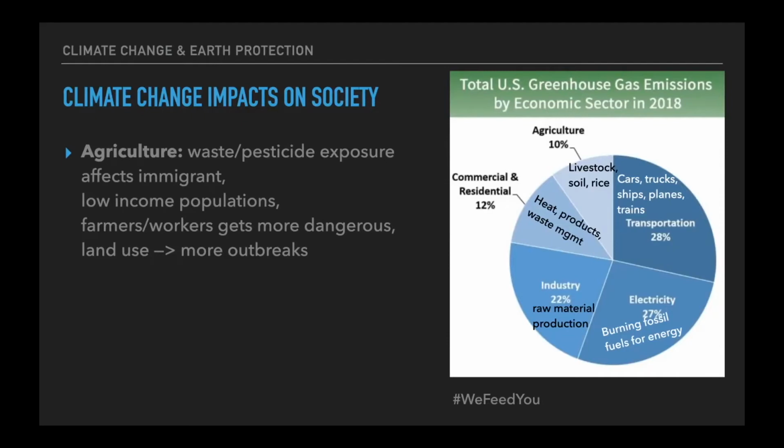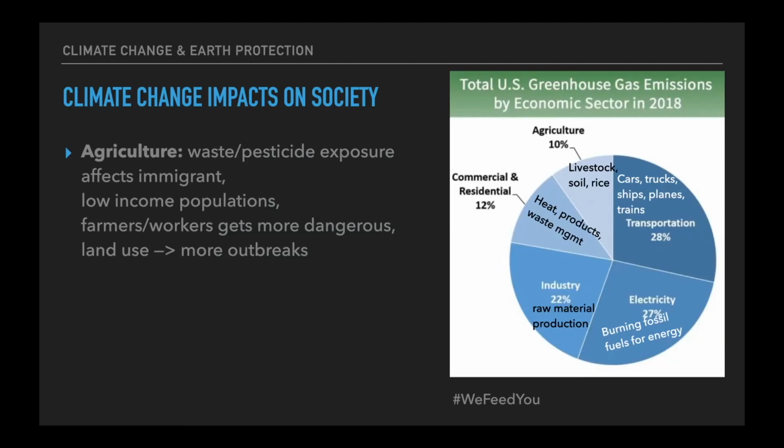So as we get more and more erratic environmental conditions, we're making it harder and harder for people to provide us food to eat. And then finally, I don't know if you saw this, there was a study that just came out, I think today, I just saw the headline, that the more we use land for agriculture and the more we disrupt natural habitats, the more likely we're going to get outbreaks because we're going to expose ourselves, first of all, to more and more rare microbiota.